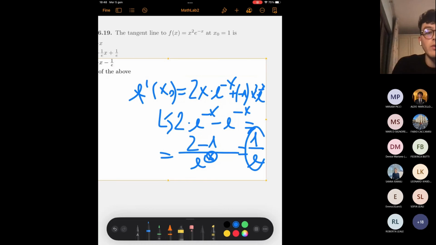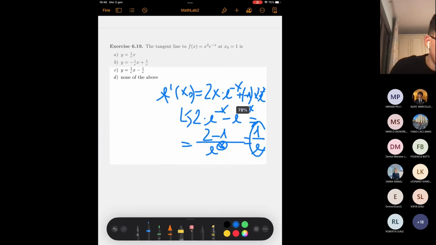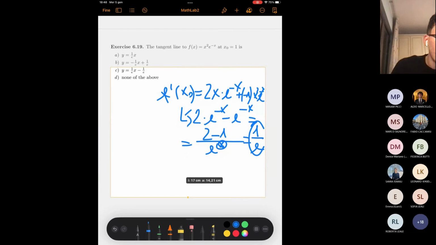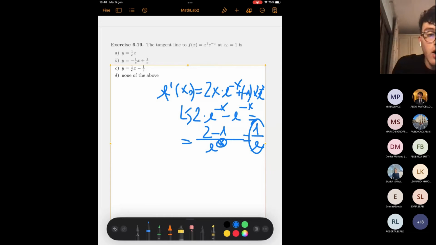And this 1 over e simply works as the coefficient of the straight line, because as we all know, the angular coefficient of the tangent line is equal to the derivative in that point.